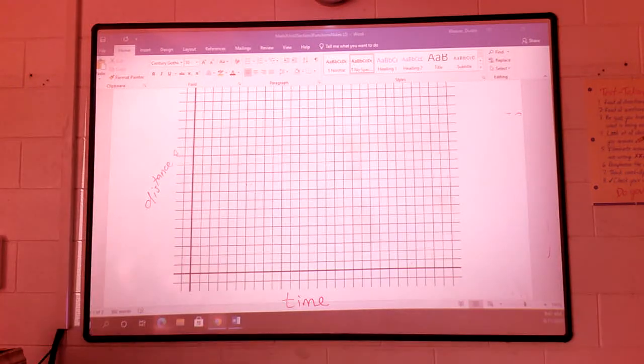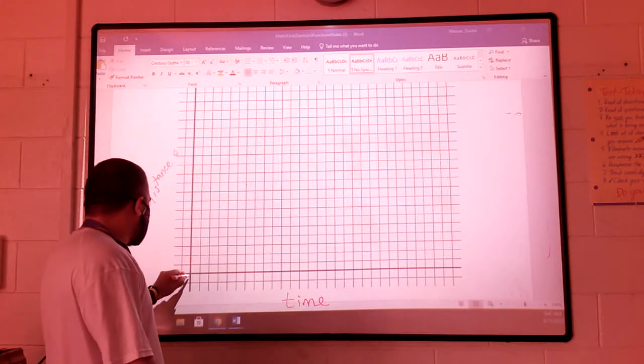And on here, this is going to be time in minutes. So I'm going to go by 5. Each line is going to count as 5. So this is going to be 0.